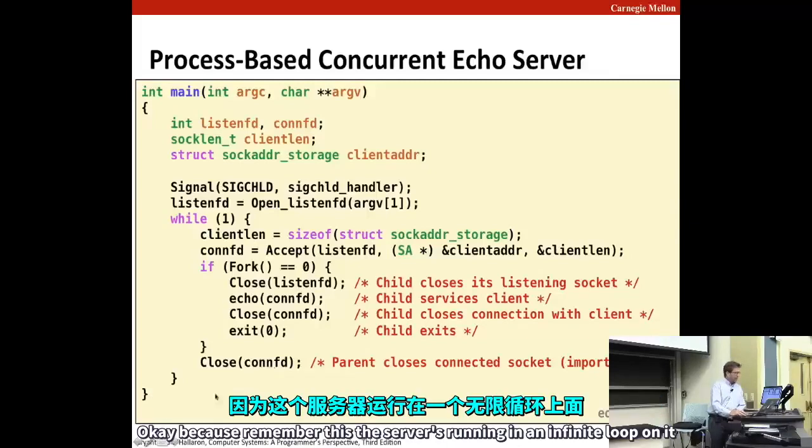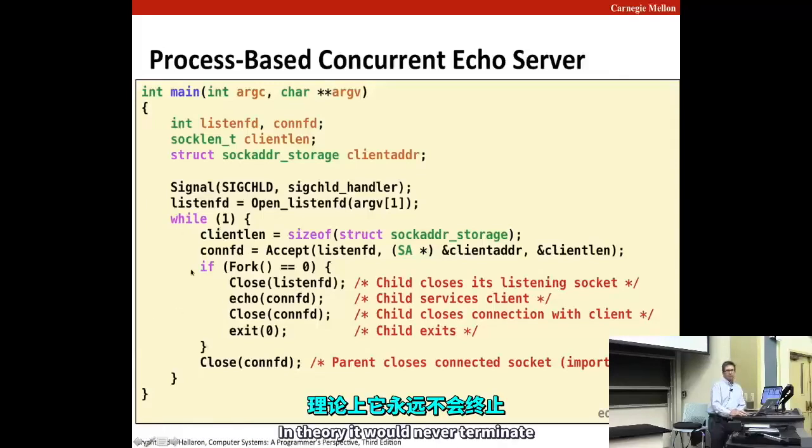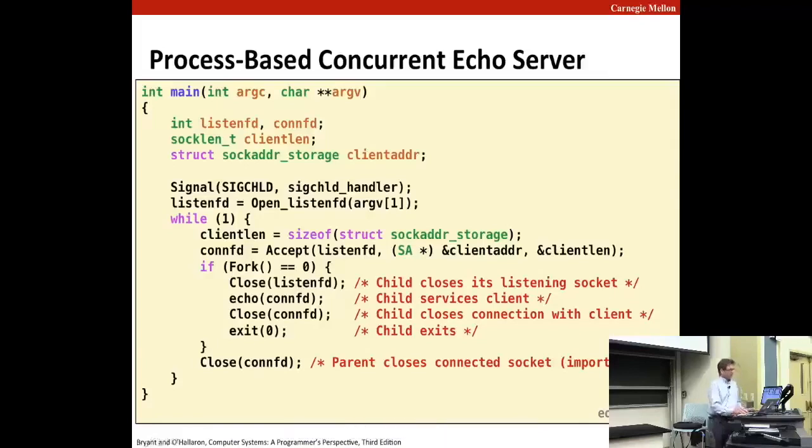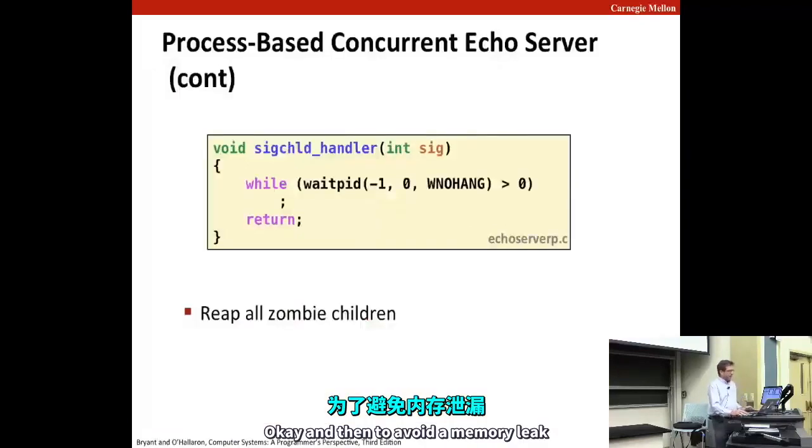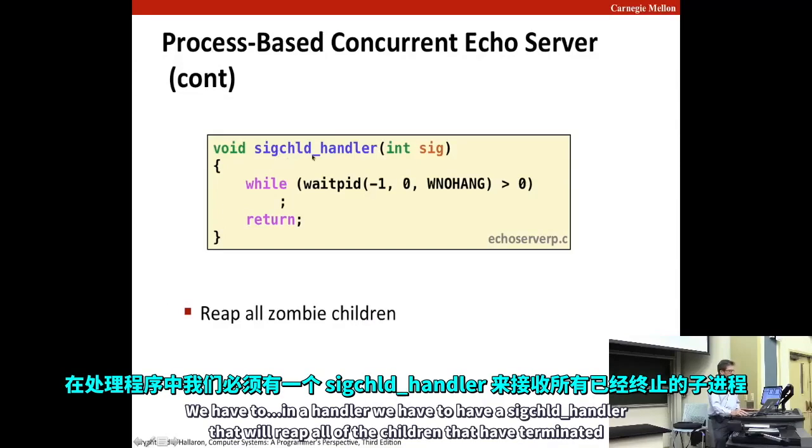Remember, the server's running in an infinite loop, so in theory, it would never terminate. And then to avoid a memory leak, we have to have a SIGCHLD handler that will reap all of the children that have terminated.